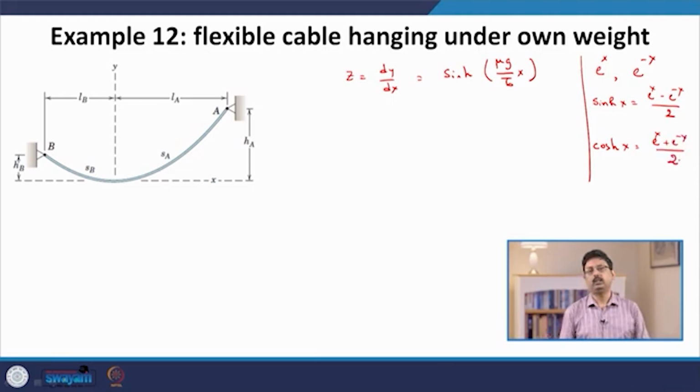These functions look very similar. You can check that they satisfy the identity cos hyperbolic squared x minus sine hyperbolic squared x is equal to 1. This looks similar to your famous trigonometric identity cos square theta plus sine square theta equal to 1, with the difference that this is now a minus instead of a plus.